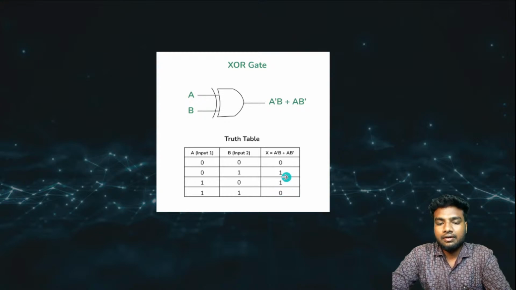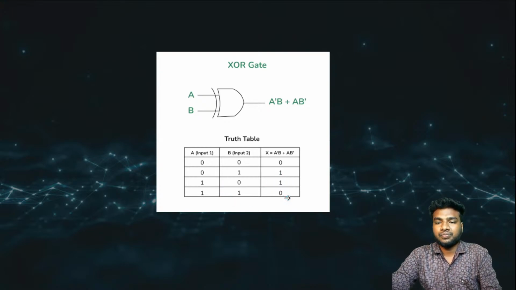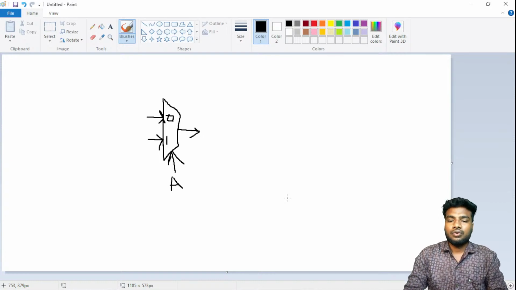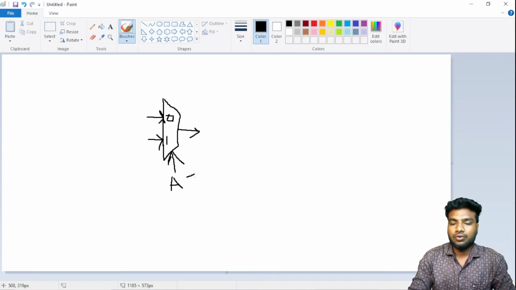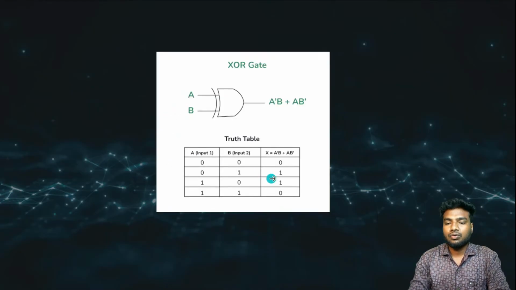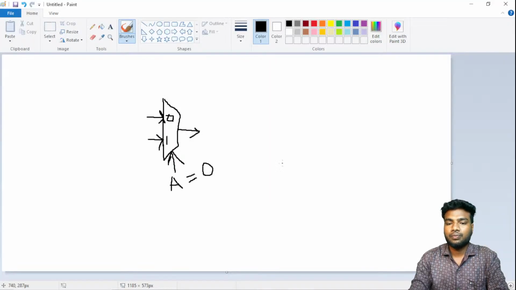So I can say, if I select A equals 0, I will get B. If I select A equal to 1, I will get B bar. Now I write the 2x1 mux logic here. First I am taking A equals 0 for the XOR gate, so it will choose this line. A equals 0 means I am getting the same B value, so just pass the B value here.